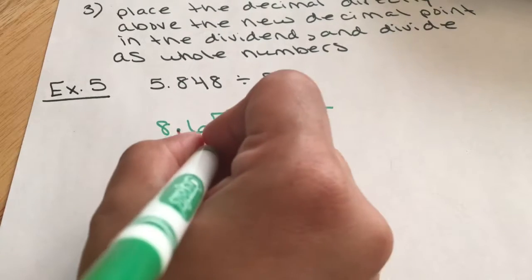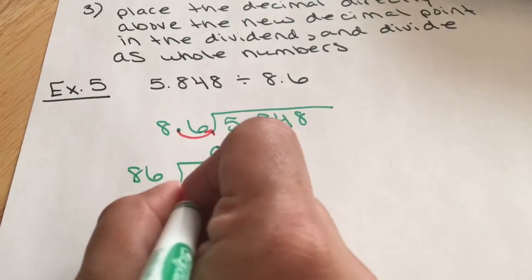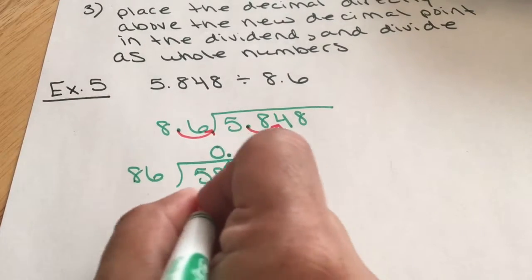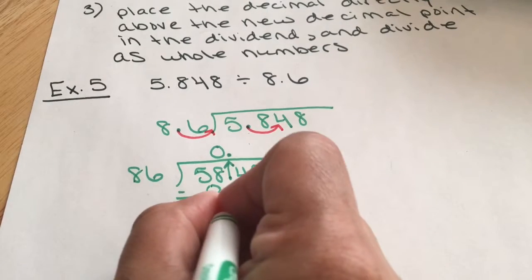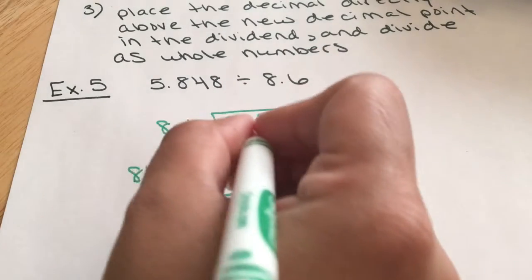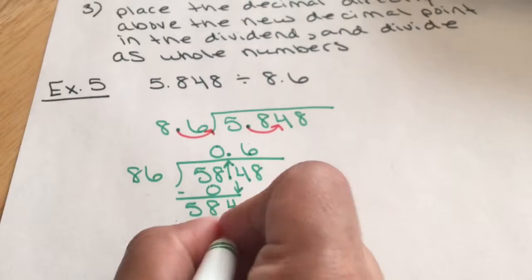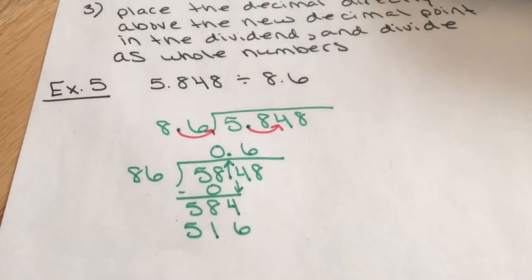We know 86 will not go into 58, so I'm going to put my 0 there as a placeholder. We can go ahead and do the math if we'd like. At this point, I'm going to bring that 4 down, and 86 will go into 584 6 times, and that's going to give us 516.